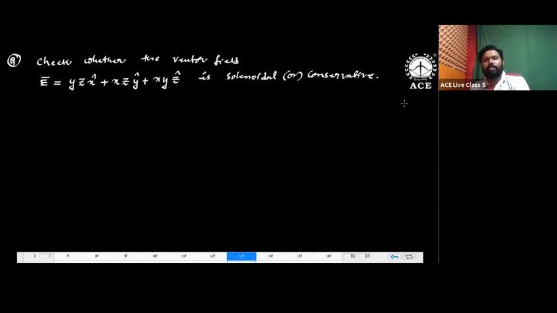Solenoidal means what? Divergence is zero. Conservative means what? Curl is zero. So you need to check for its curl and divergence, and from there you need to decide.